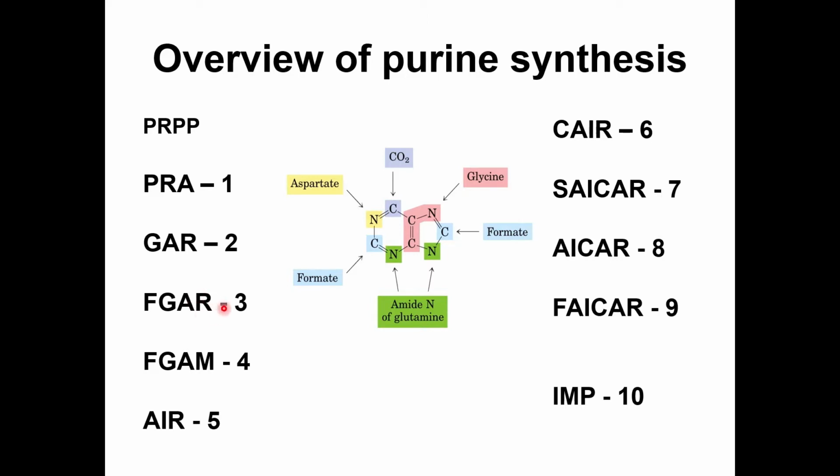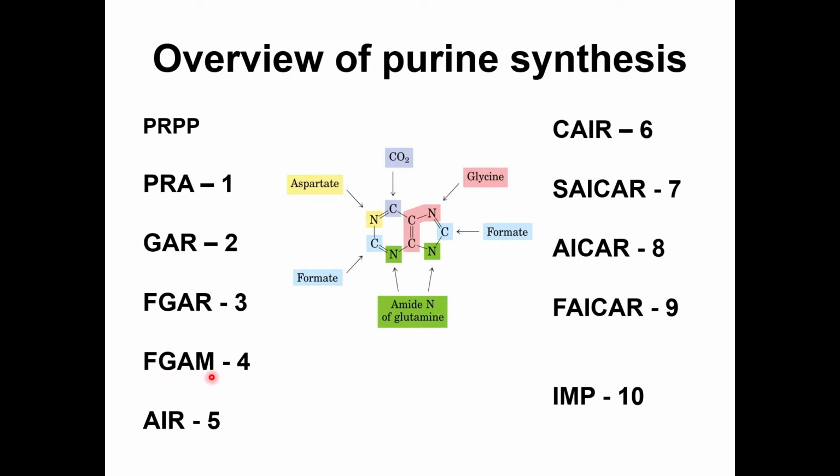Then from FGAR to FGAM, the second glutamine transfers its amide nitrogen to FGAR to form FGAM. FGAM is formyl glycinamidine.